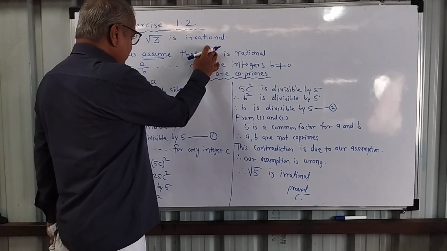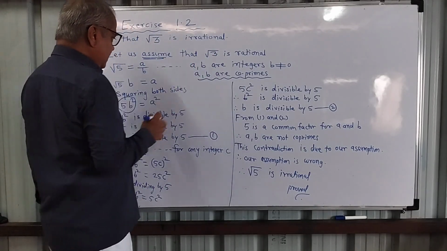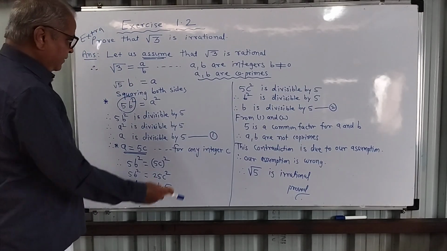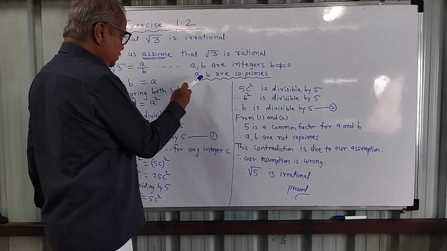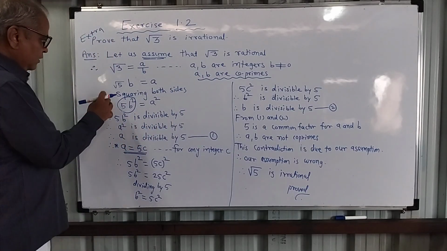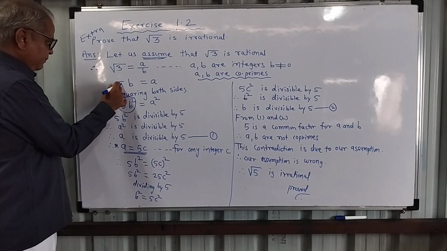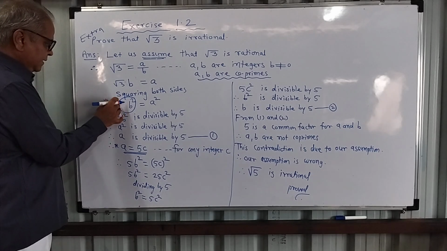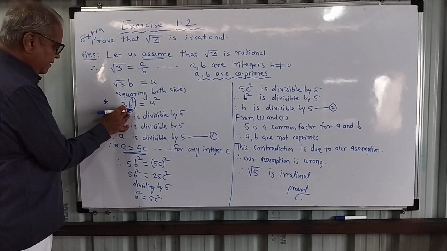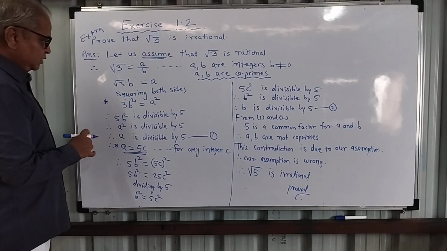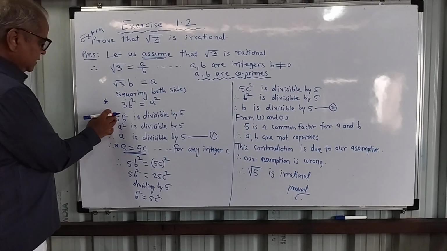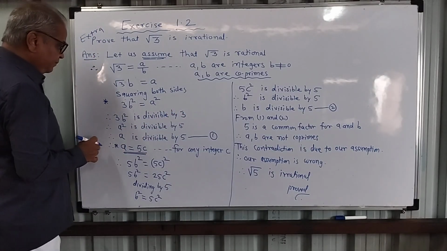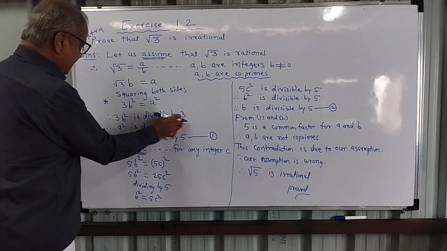√3 is irrational. We can assume that √3 is rational. Here √3 is equal to a upon b. A, b are integers, b not equal to 0. A comma b are co-primes. Cross multiplication, √3 into b. Squaring both sides, 3b square is equal to a square. 3b square is divisible by 3, therefore a square is also divisible by 3.